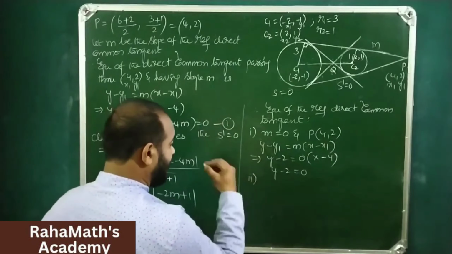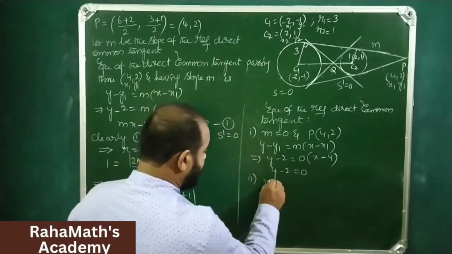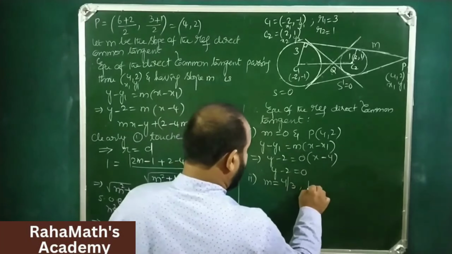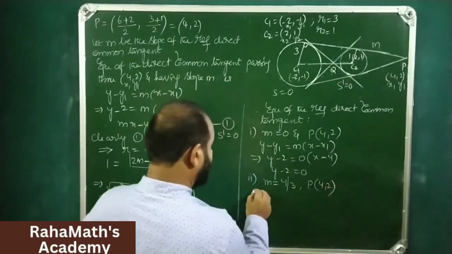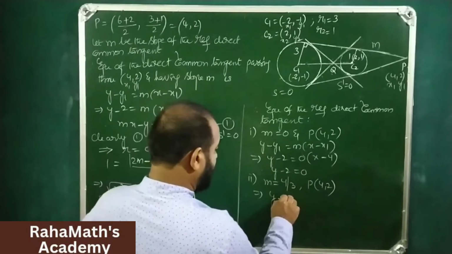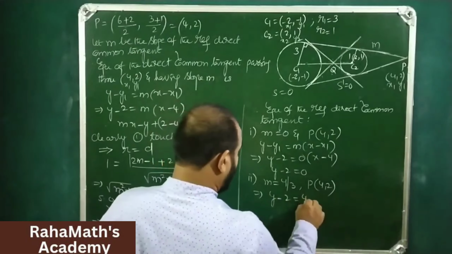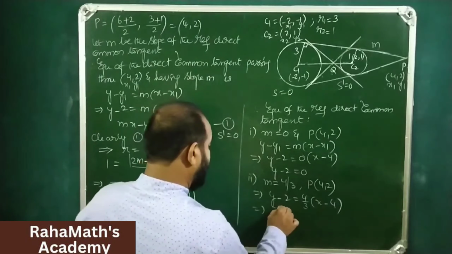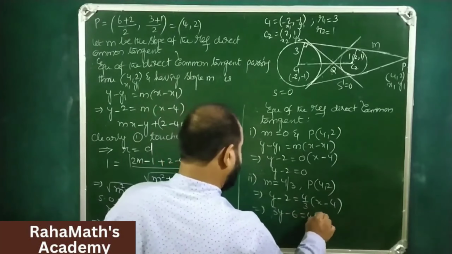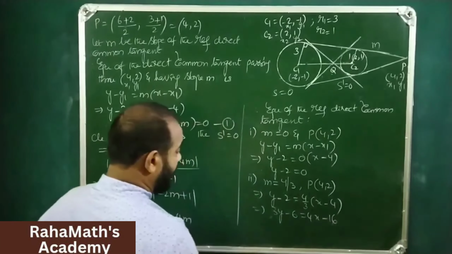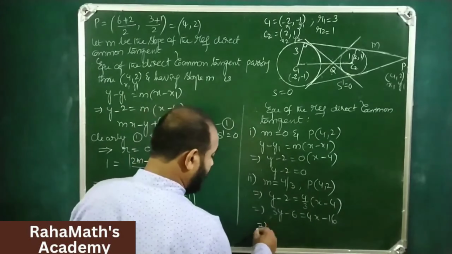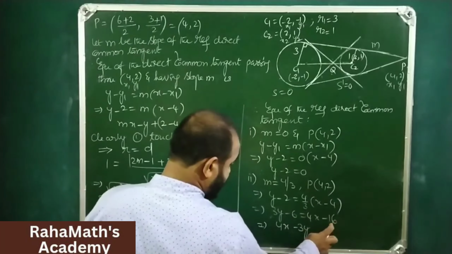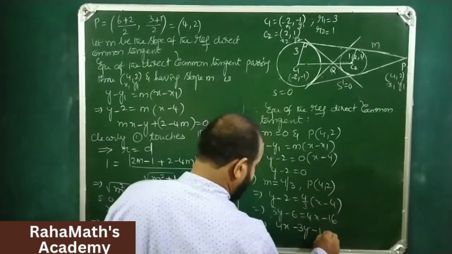The second equation, this time we should take m equals 4 by 3 and P 4, 2. So y minus 2 equals 4 by 3 into x minus 4. So 3y, 3 2s are 6, 4x, 4 4s are 16. Therefore this is 4x minus 3y minus 16 plus 6, minus 10, equals 0.